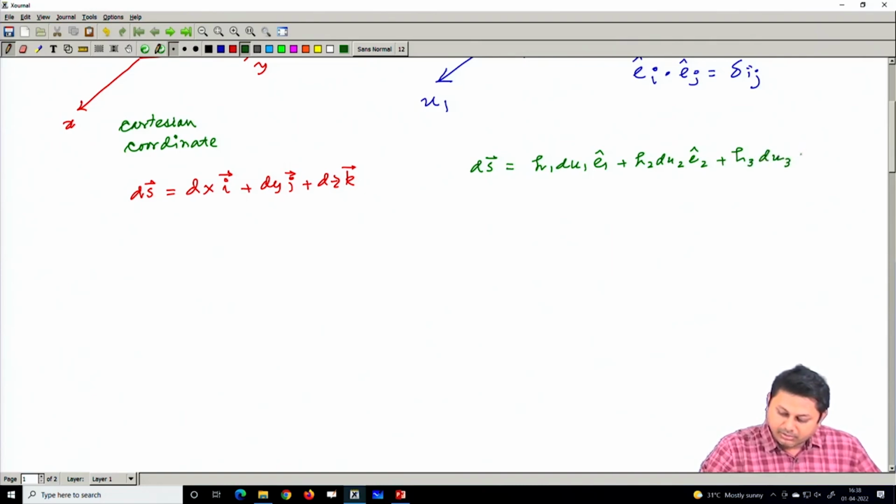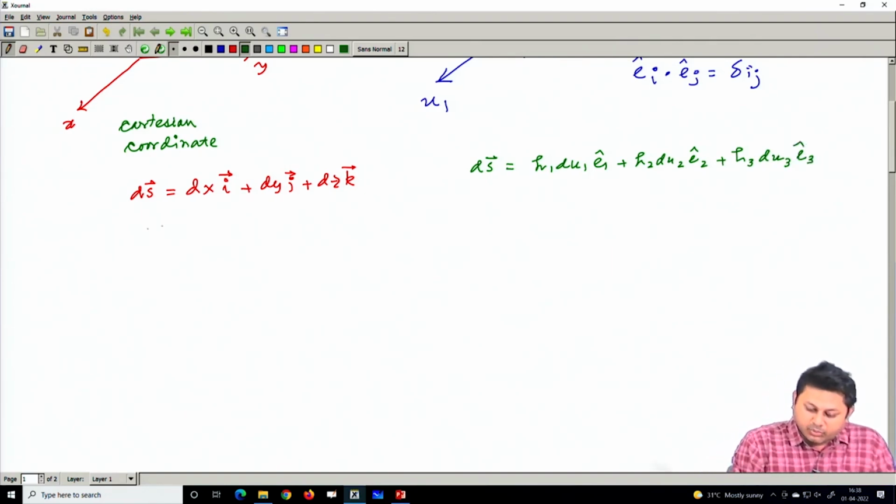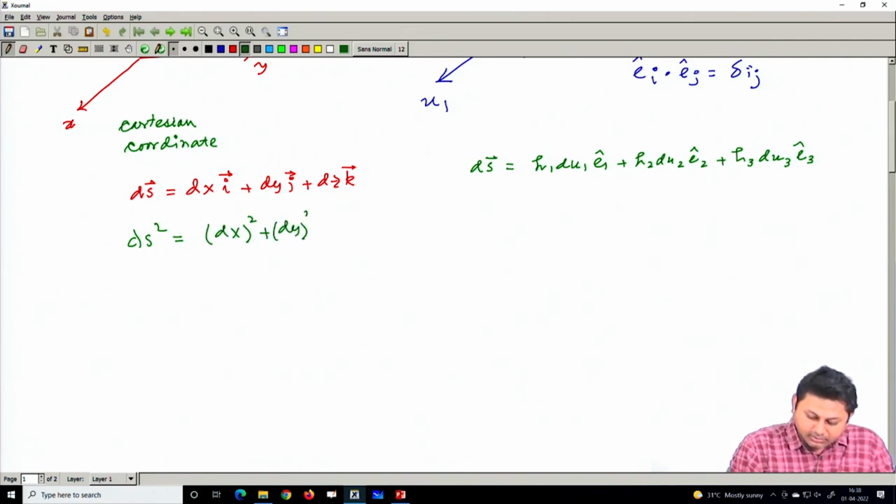If I find out the value of ds square, here we simply have dx square plus dy square plus dz square.